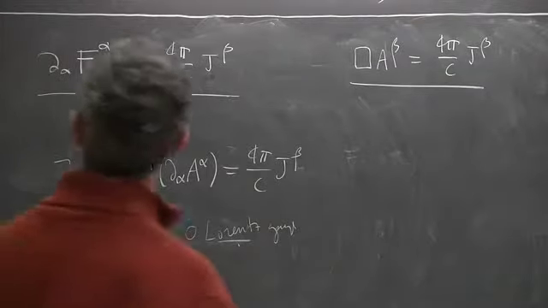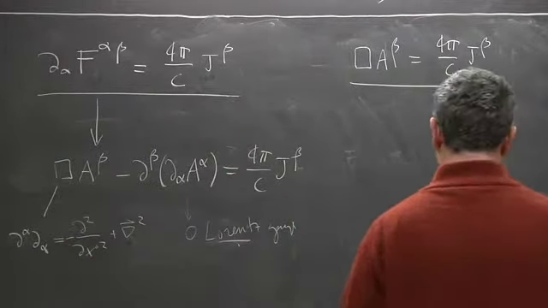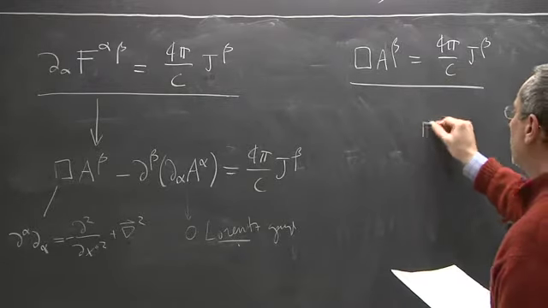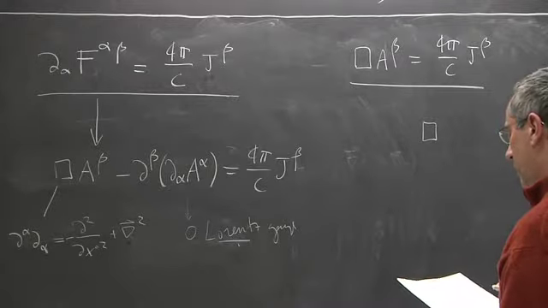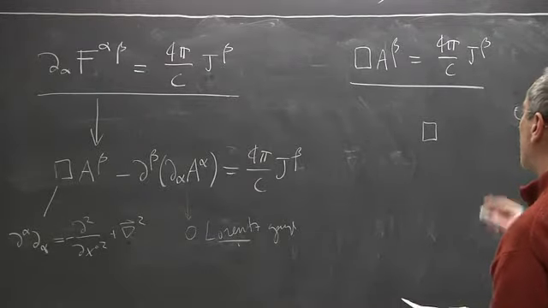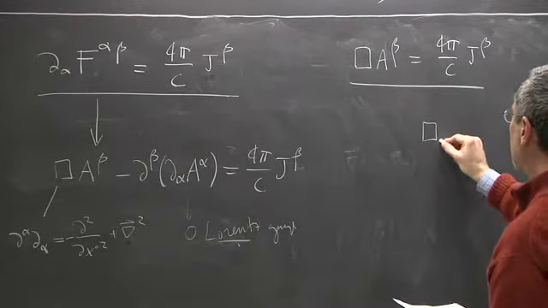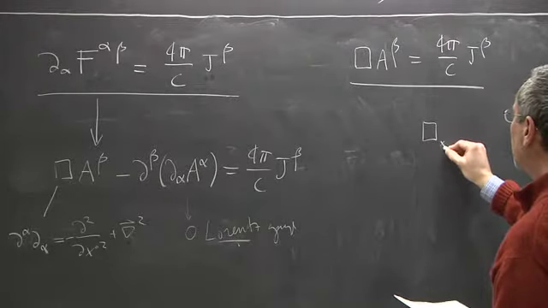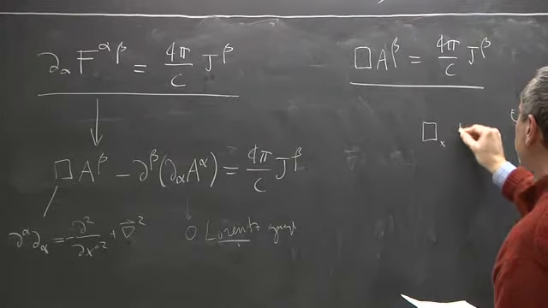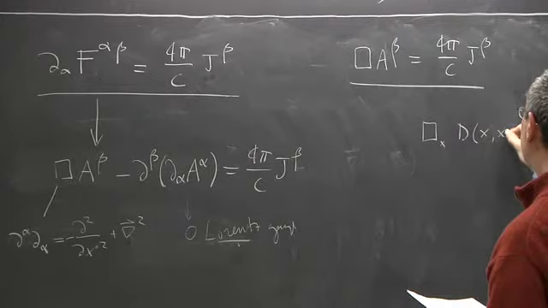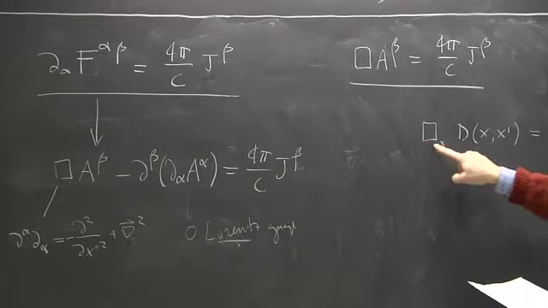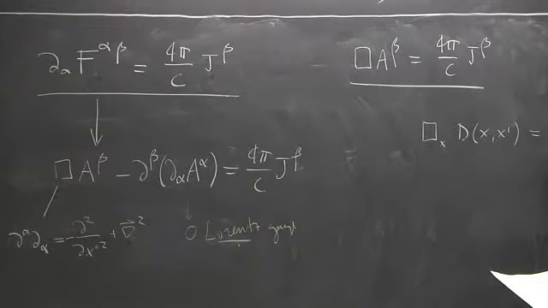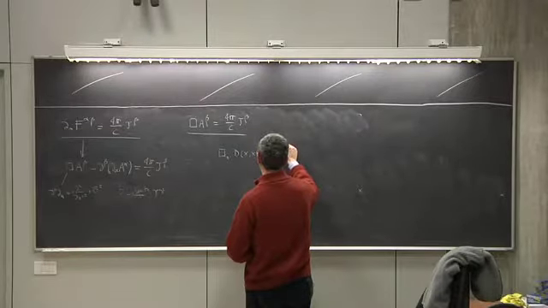But we proceed in the same way: to solve this equation, I actually solve a simpler equation first, that is, I look for the Green function for this equation. And what is the Green function? If you take this derivative at a certain point in space, x, then the Green function for this problem is the one that, when you apply this operator to your Green function, you get the famous Dirac delta function.